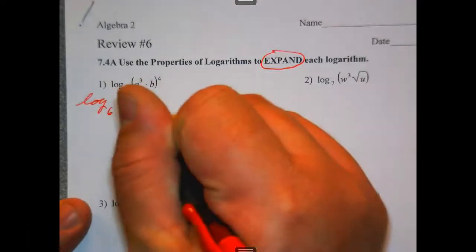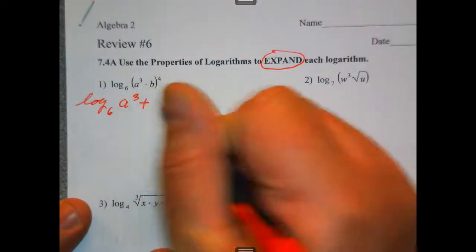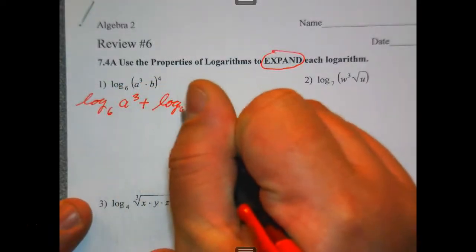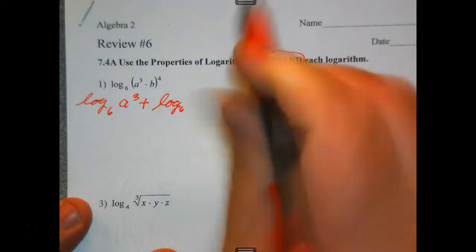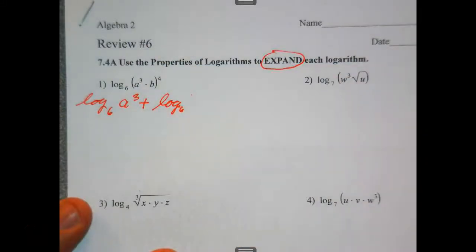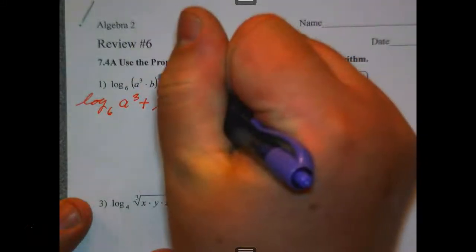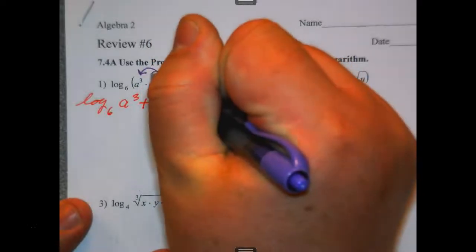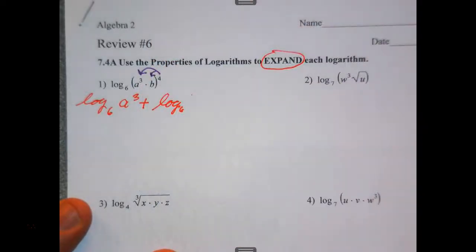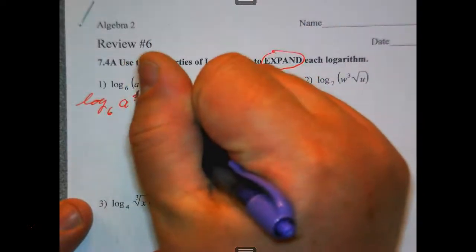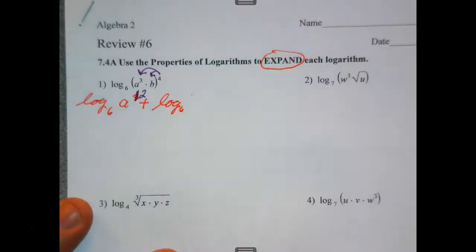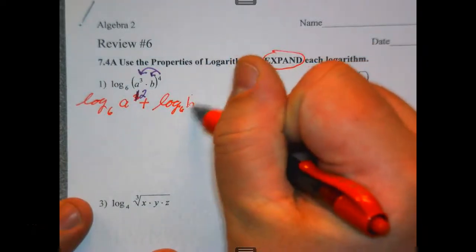So I have log base 6 of a cubed plus log base 6 of, oh shoot, there's a 4 on the outside. I needed to multiply the 4 to the exponents first, right? So this should be 12. And what's b? 4.